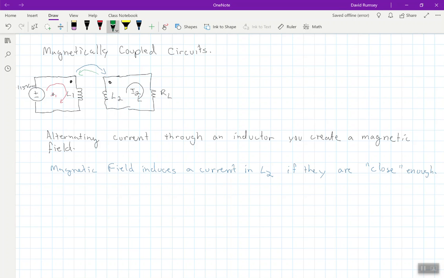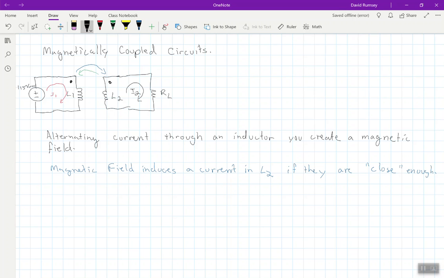Maybe it will interfere with I1, or maybe it will benefit it. You can probably guess which one it's going to be, because if it benefited, I'd suddenly have a generator, a kind of perpetual motion machine. It doesn't make sense that this current would help that current out, making this side larger and larger. So they are going to be going in opposite directions.